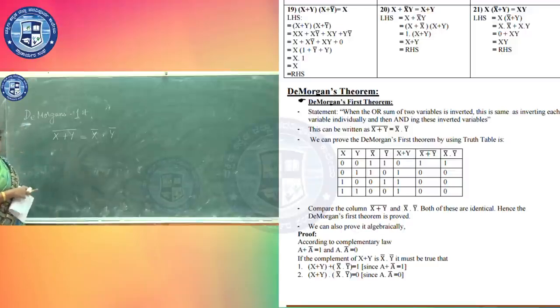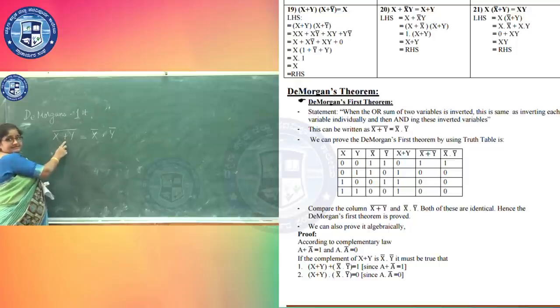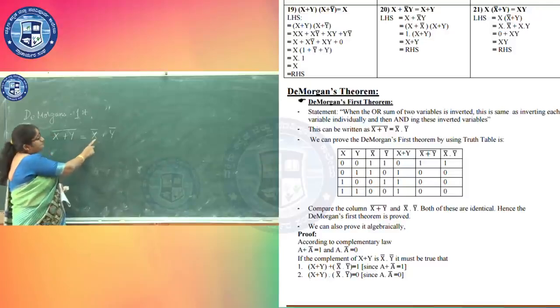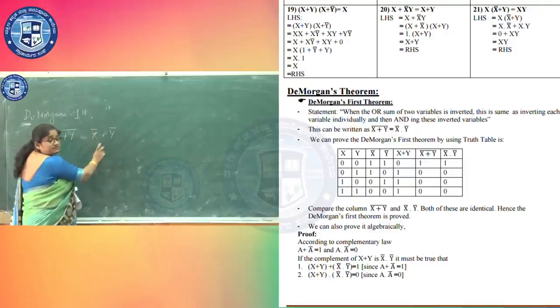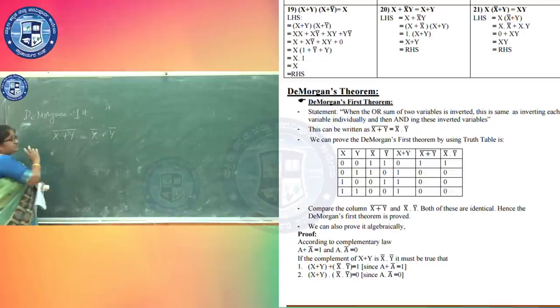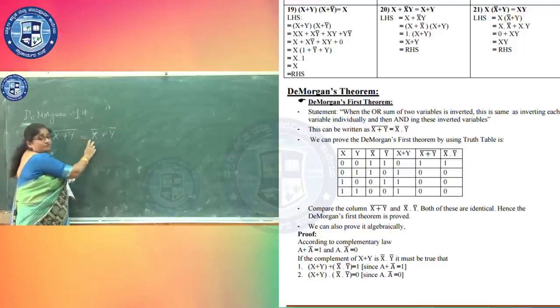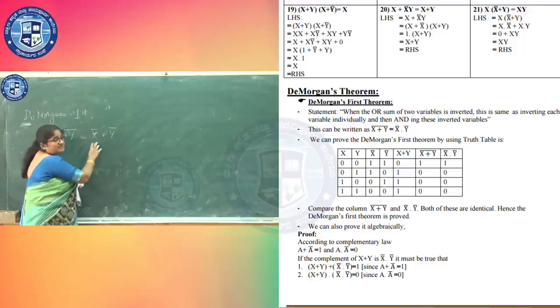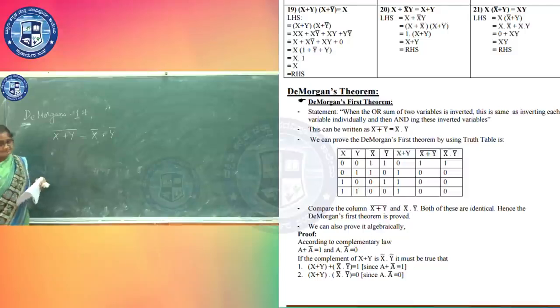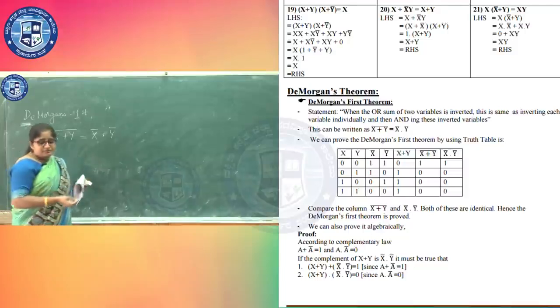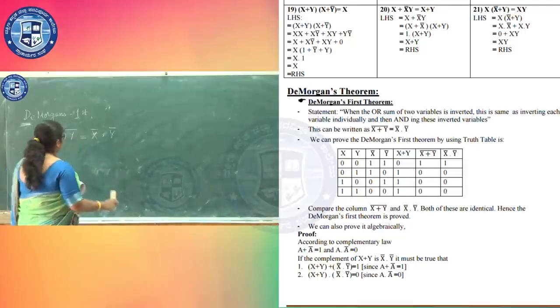So the De Morgan's first theorem states that when the two variables are OR and they are inverted, that is equivalent to inverting each variable and then ANDing it. We can prove this by our truth table also.